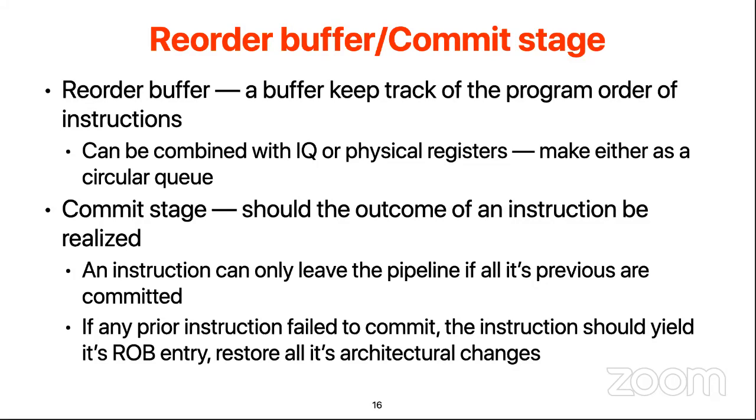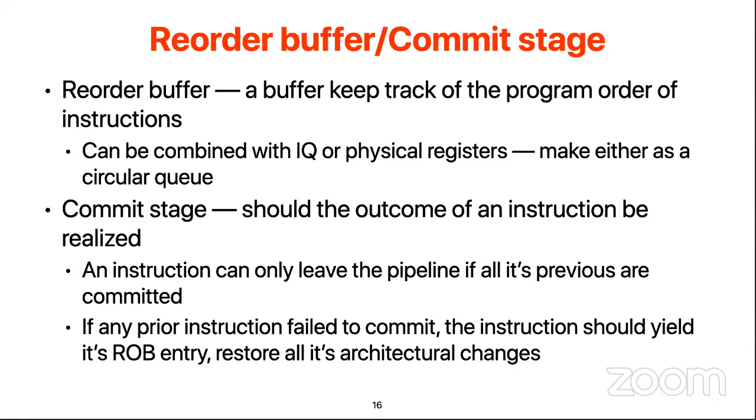So you never have to worry about values being changed. However, because we have out of order execution right now, an instruction that is later than a branch instruction may end up being executed earlier than the branch. So the whole thing here is that you just cannot let an instruction change the final architectural states before the branch is resolved, or before an instruction passes its potential exception stage.